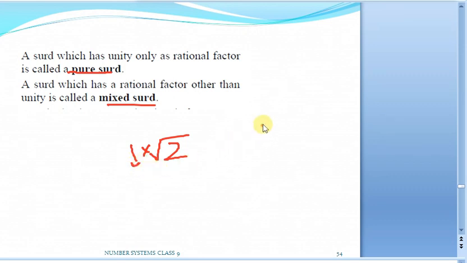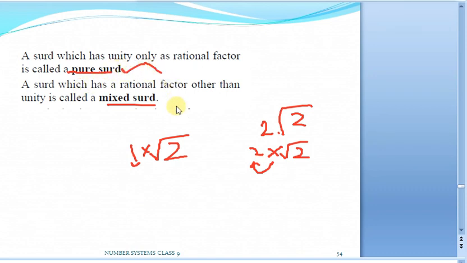Suppose I say 2 root 2, this is nothing but 2 into root 2. Even though it is a surd, here under multiplication there is a rational number other than 1. Pure surd means first it has to be a surd, and whatever is outside under multiplication has to be 1. By default we assume there is 1. So this is a mixed surd.